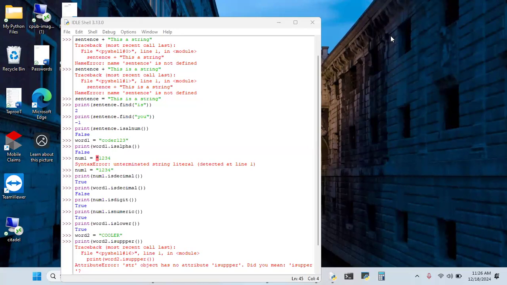And returns the index of the first occurrence.